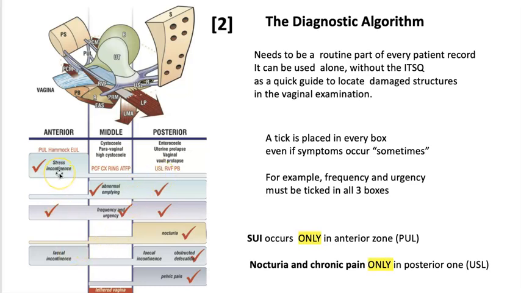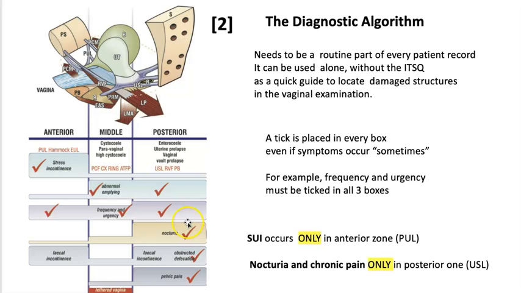Stress incontinence, pubourethral ligament. The ticks also indicate which prolapse. So, for instance, cystocele has only 2 symptoms, emptying, frequency and urgency, and uterosacral ligaments can have all these symptoms.